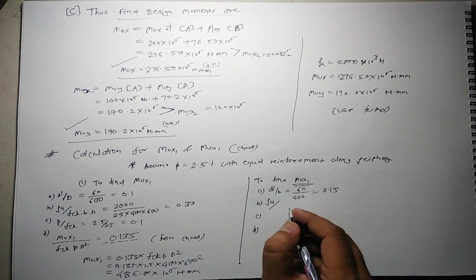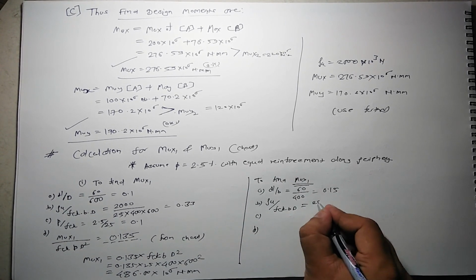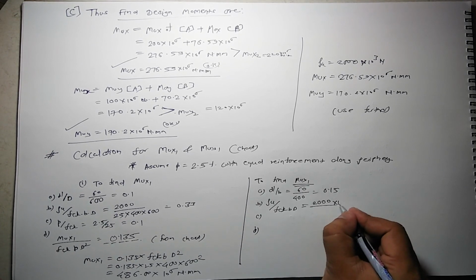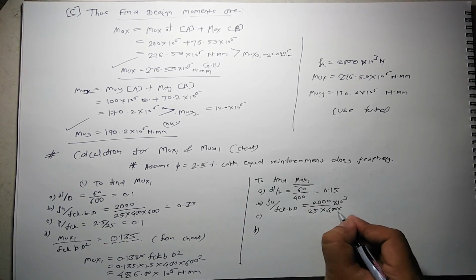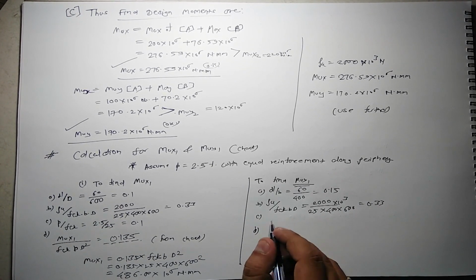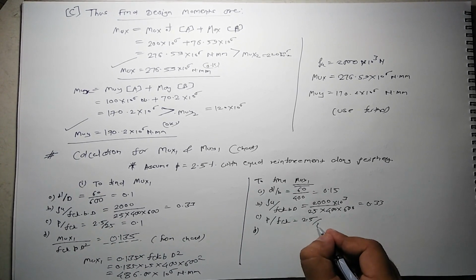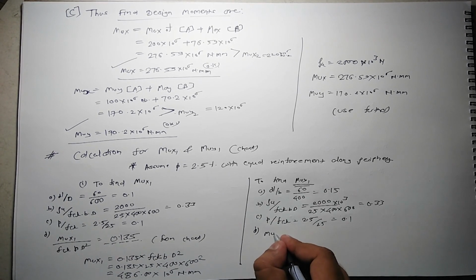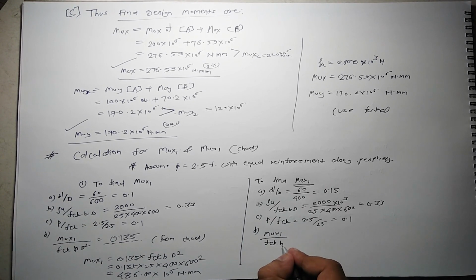Then Pu upon fck bd, it is 2000 into 10 to the power 3 upon 25 into 400 into 600. So it is coming to 0.3, the same as just now. Then percentage of reinforcement upon fck, it is also 0.1. Now Muy1 upon fck b square d.